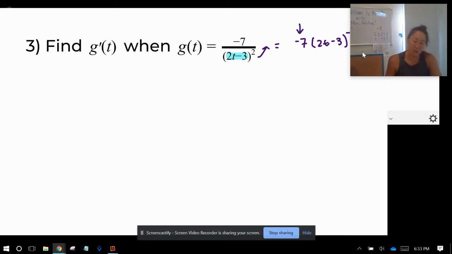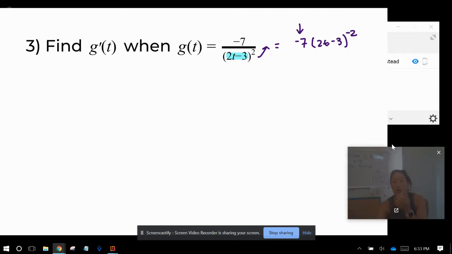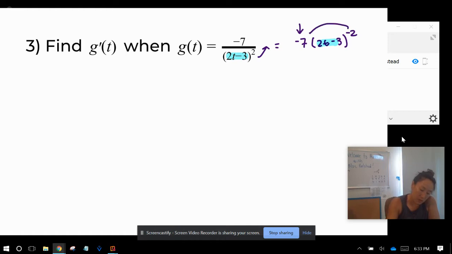And since we're only multiplying by a scalar, I do not have to use the product rule. I can just use in this case the chain rule. Okay. So the inside part is 2t minus 3.